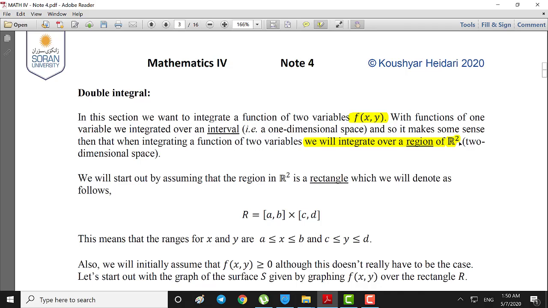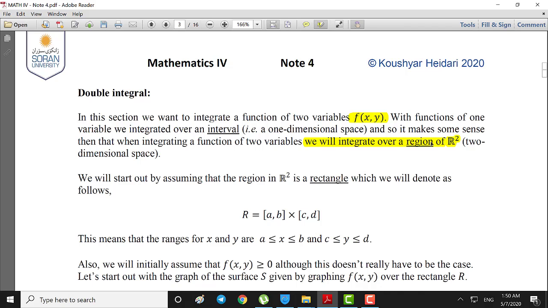What do we mean by that? With functions of one variable, we integrated over an interval, which is a one-dimensional space. Now, for a function of two variables, it makes sense to do the integration over a two-dimensional space, which we call a region.